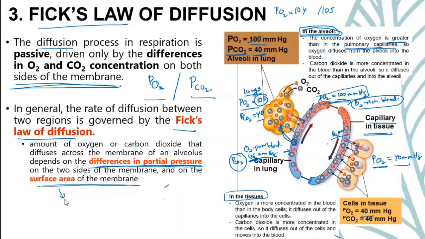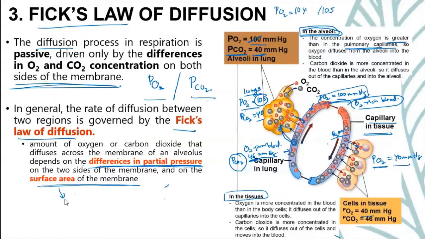So the difference in the partial pressure is really significant in allowing the movement or the diffusion of these respiratory gases. You need to know that the partial pressures for oxygen and carbon dioxide are different in the alveolus and in the blood capillaries.